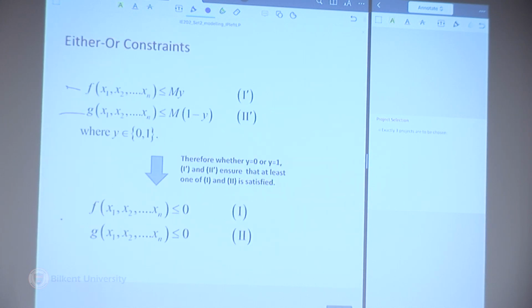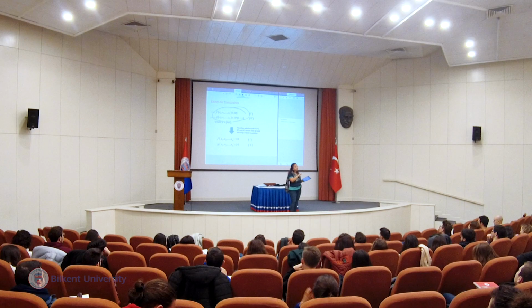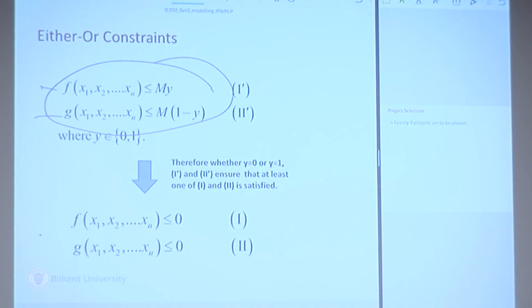Is it clear? Now I'm going to derive the M. If we are okay with M being large enough, these two conditions actually satisfy my either-or, then I'm going to derive what M should be. Questions? No? Good.